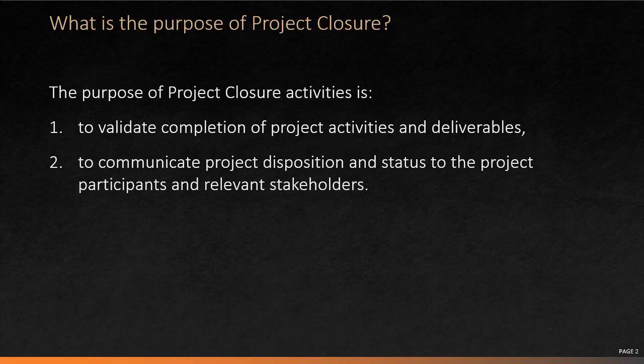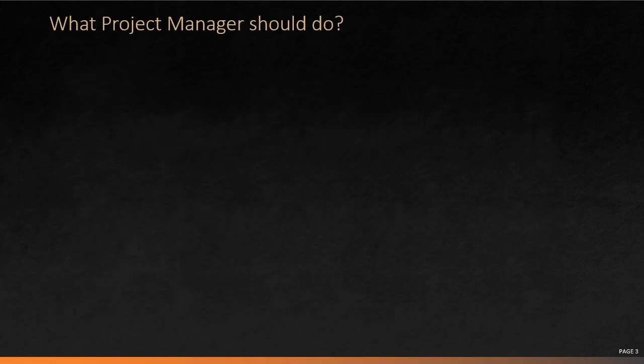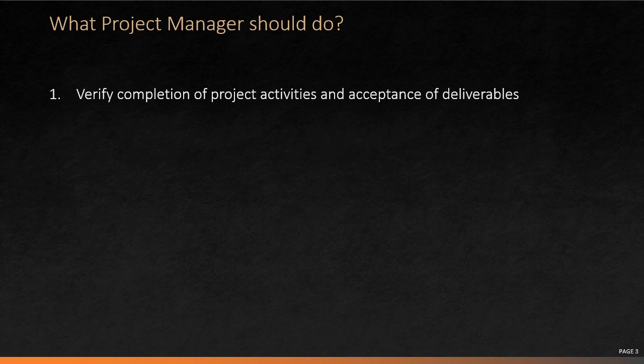So what activities and in what order should be performed by a project manager in order to close a project? There are a number of activities which project manager should perform in order to properly close a project. First, project activities and deliveries should be verified for completion. Next, lessons to be learned have to be captured based on what went right and what went wrong in the project.